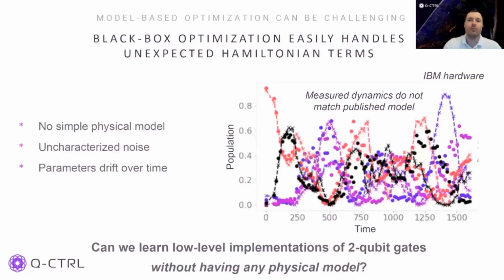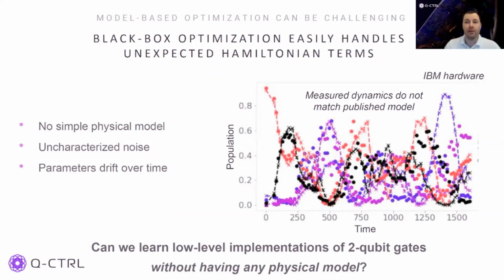And why are we interested in black box optimization? Well, that's because model-based methods struggle on real devices. That's mainly due to the difficulty in describing multi-qubit systems with a simple physical model, and also as a result of noise sources that are often uncharacterized. This is demonstrated in the plot.